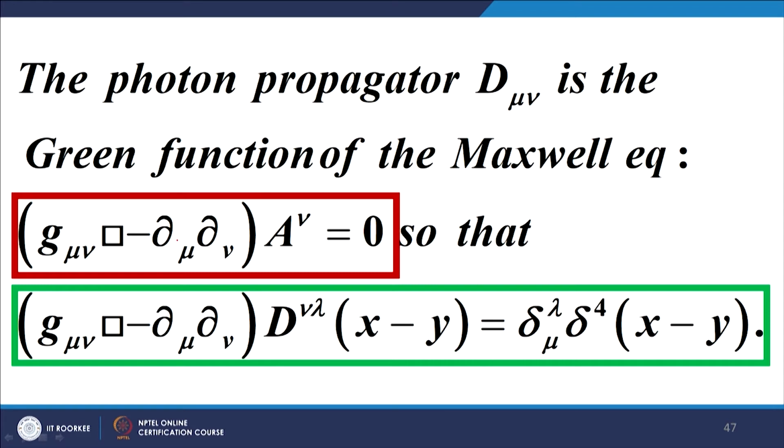Because this is the Maxwell equation in the red box, my photon propagator D mu nu must be the Green function of this particular equation, and that leads us to the expression given in the green box at the bottom of the slide.